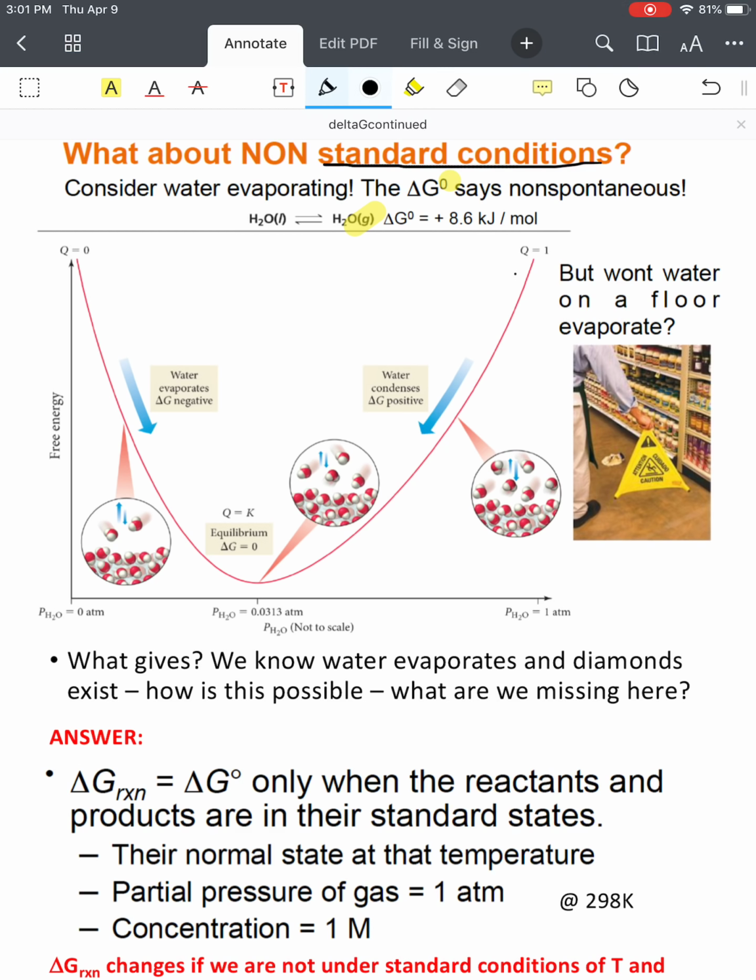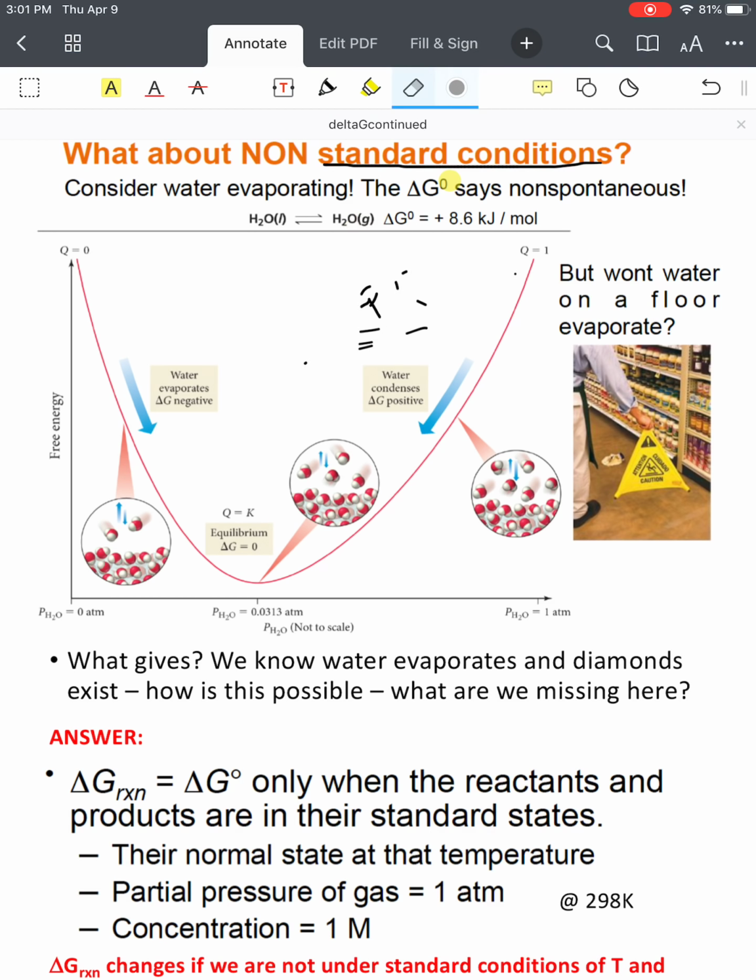So basically what that means is for my delta G0 to adequately represent the situation of water evaporating from my floor, the water vapor that results has to be at 1 bar partial pressure after evaporation. That's essentially like around an atmosphere of partial pressure of water. So then you have to ask yourself, well, does the water after evaporation have that partial pressure? And the answer is, heck no, it doesn't, okay? It's much, much, much lower.